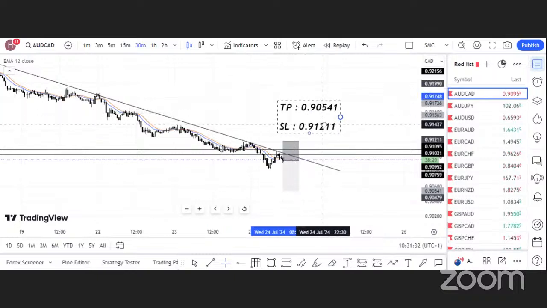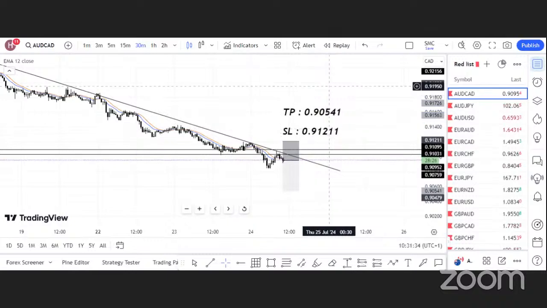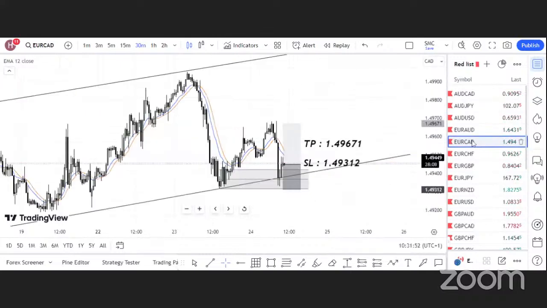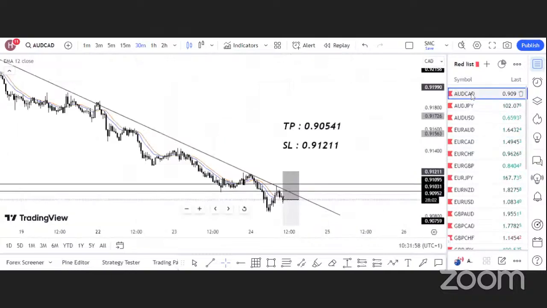All right. So we have two trades running. We have Euro CAD, I think that was also a sell, right? So for AUD CAD we are buying, and for Euro CAD we are selling.